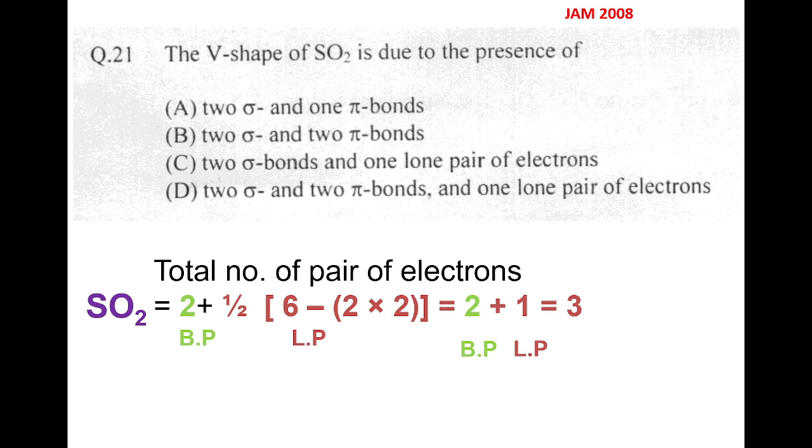The total pair of electrons of sulfur dioxide: 2 bond pair, 1 lone pair. 2 bond pair means 2 sigma bonds are there, and 1 lone pair is there. So the V shape of sulfur dioxide is due to 2 sigma and 1 lone pair of electrons. So the answer is C. That is angular.